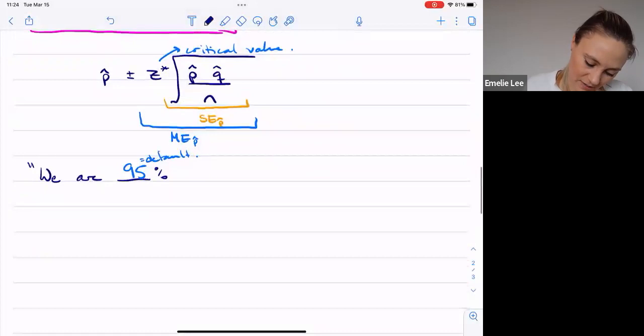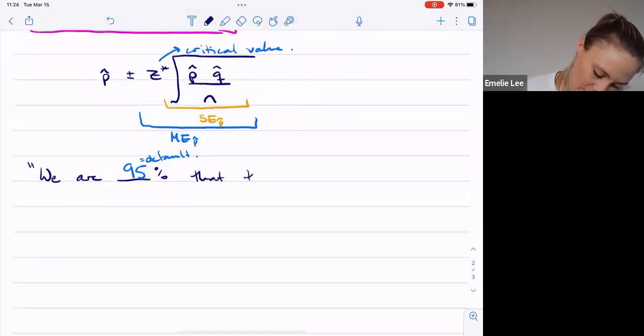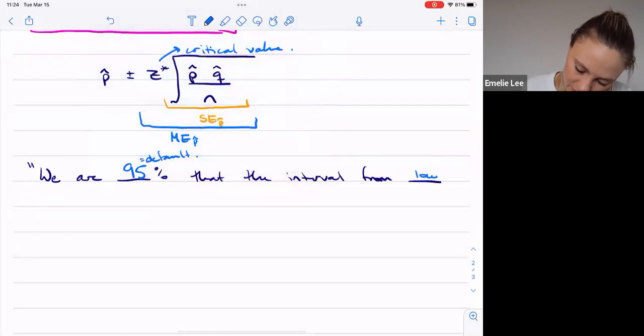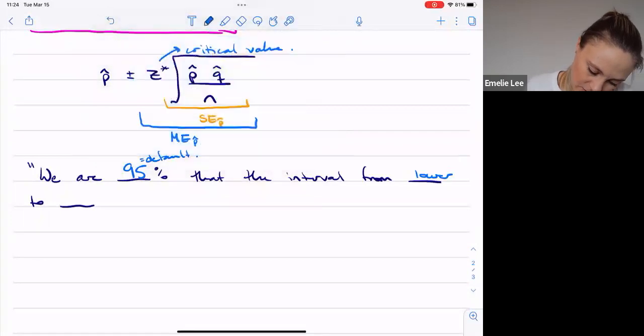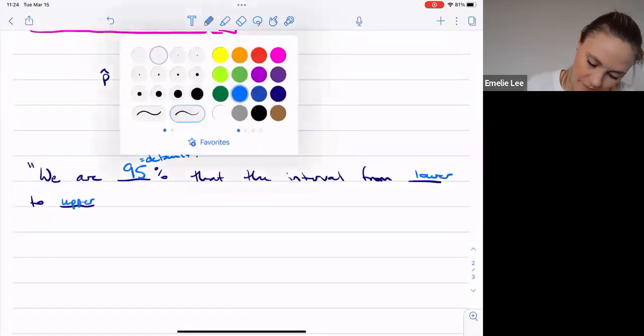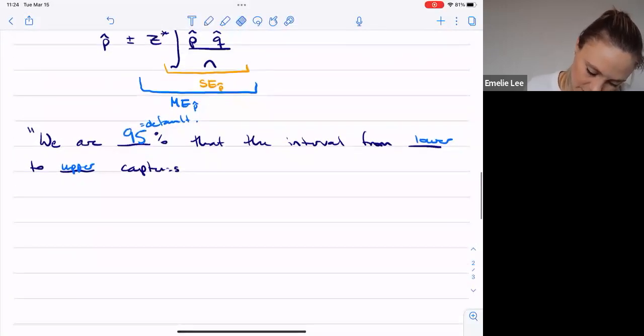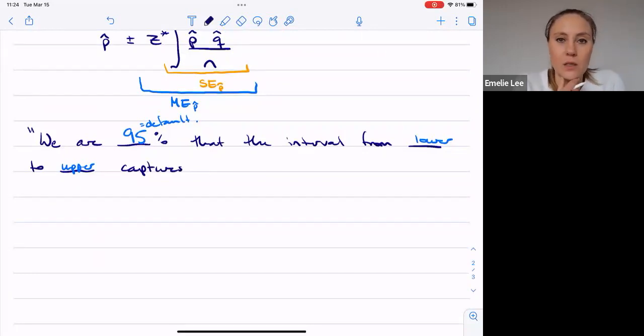So we're 95% confident that the interval from blank, which is of course your lower value, to blank, your upper value, captures the population proportion.